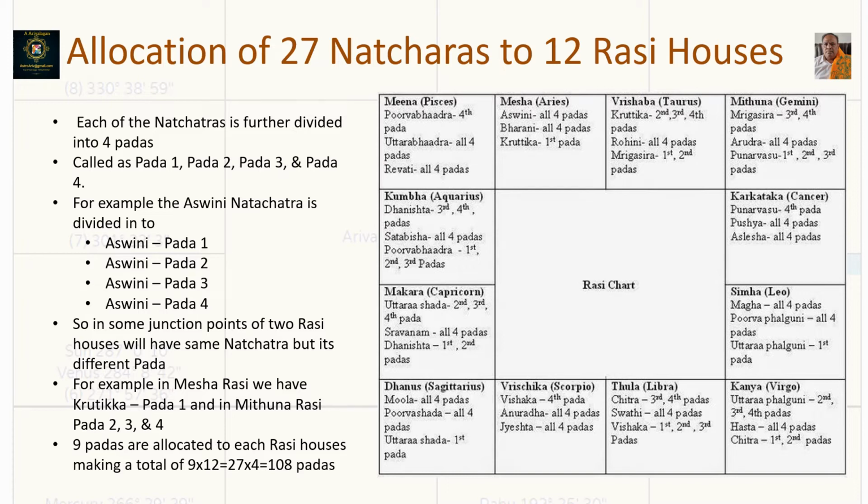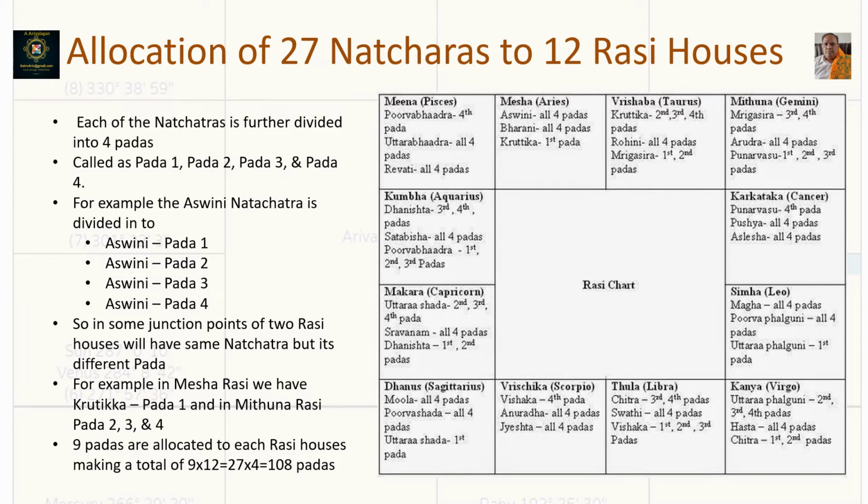A star has 4 padas. In the case of Mesha Rasi, all 4 padas of Ashwini are located, all 4 padas of Bharani are located, and one pada of Krittika is also located in Mesha, and the remaining 3 padas of Krittika are located in Rishabha Rasi.